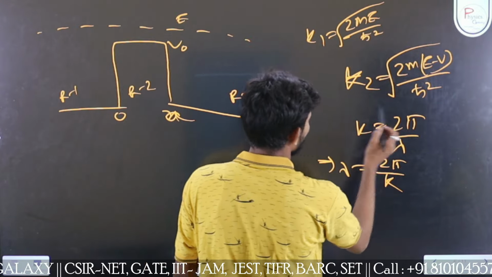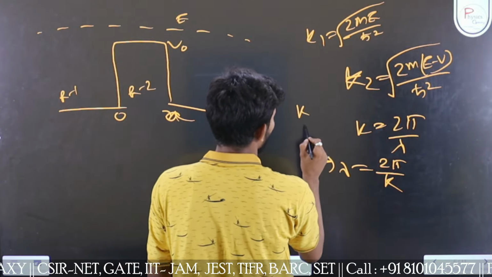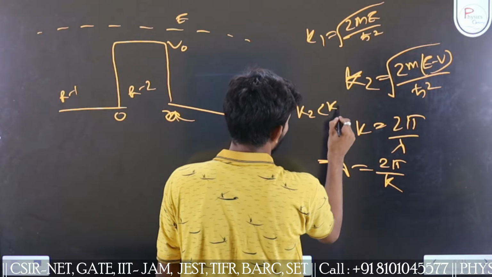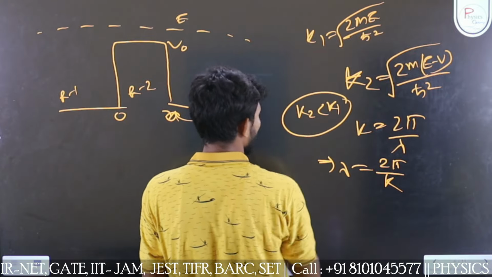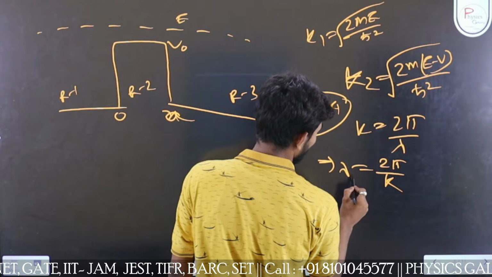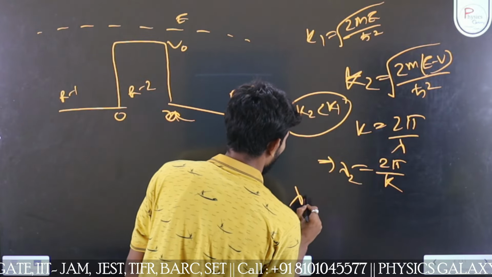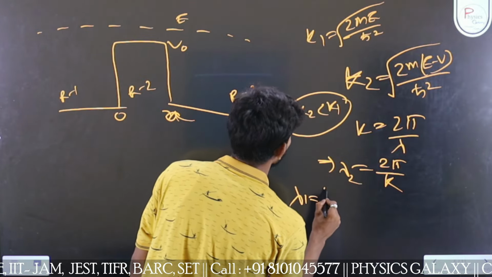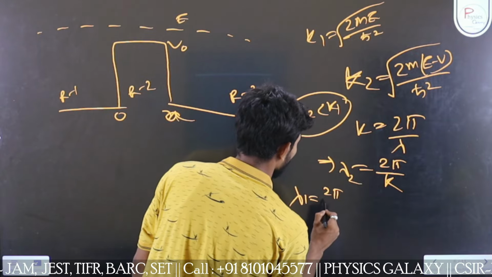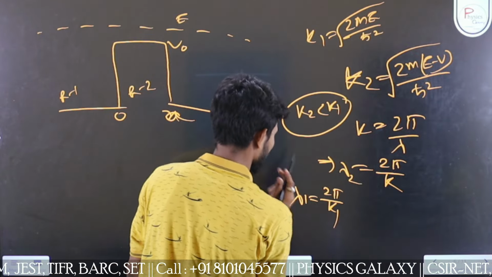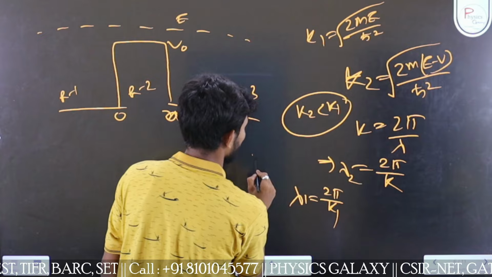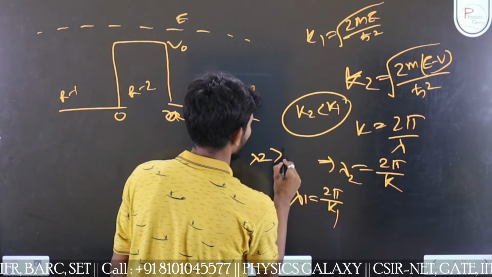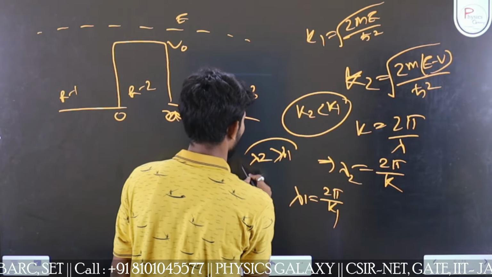We can say that k2 is less than k1. This is lambda 2, and lambda 1 is 2 pi by k1. So we can say that lambda 2 is greater than lambda 1.